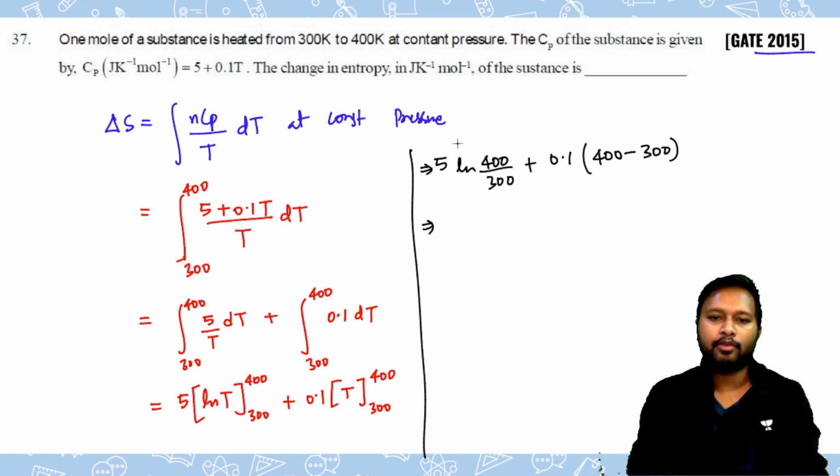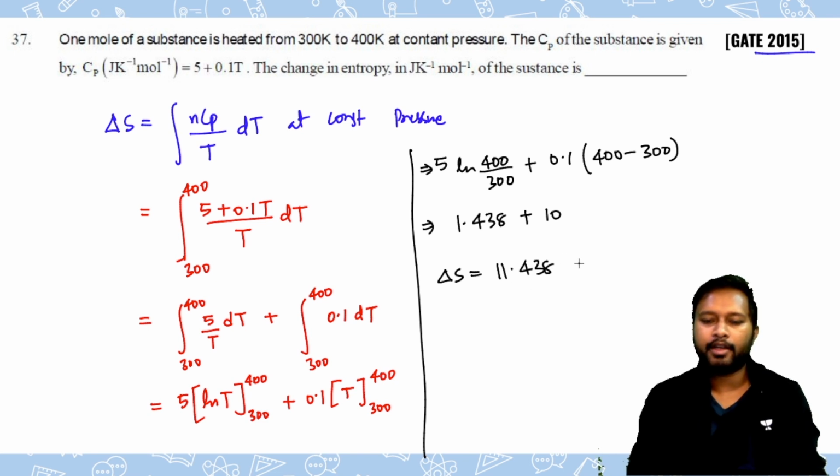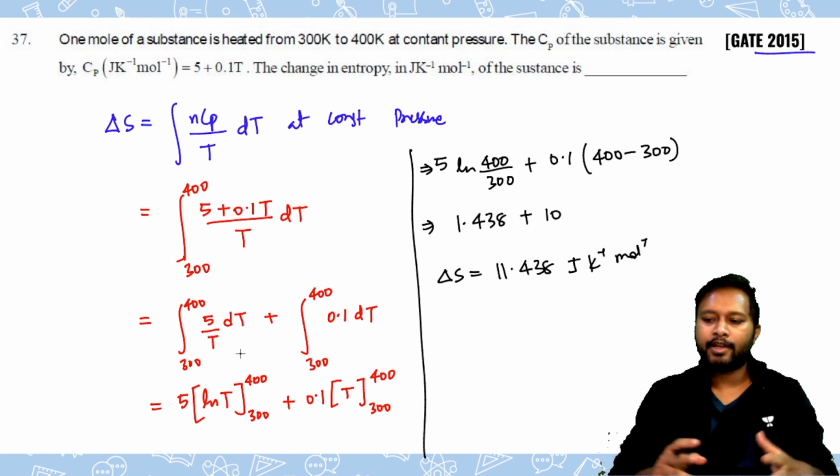Solve this. So this particular part will give you 1.438, and this part is going to give you 10. Now when you add this, your delta S is going to be 11.438. This is going to be the final answer, joules per Kelvin per mole.